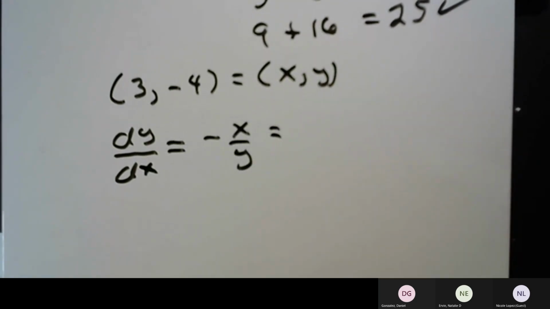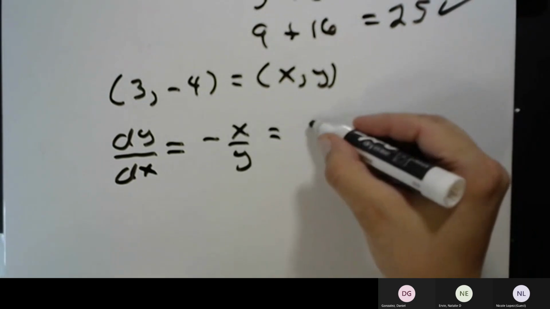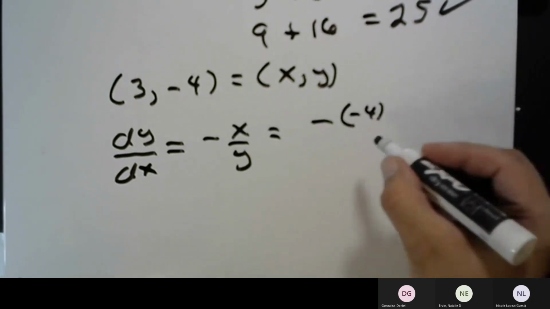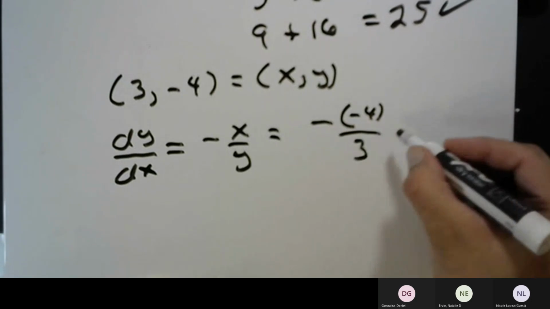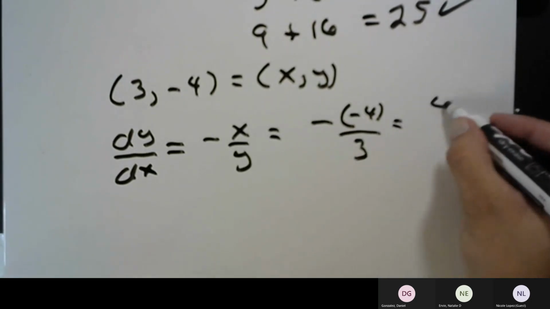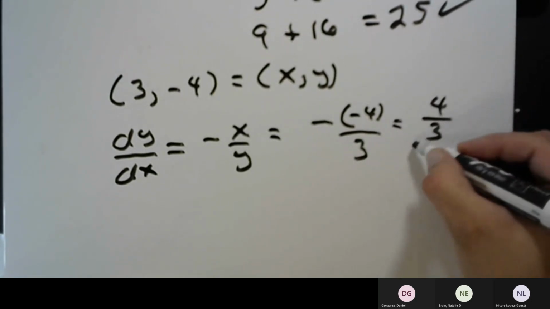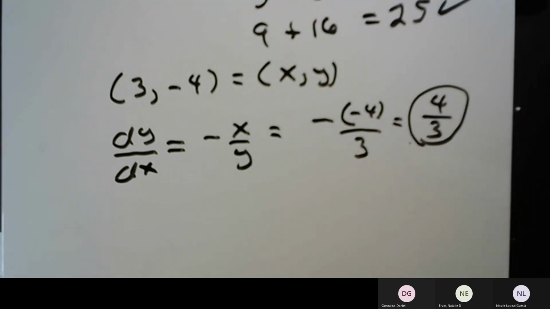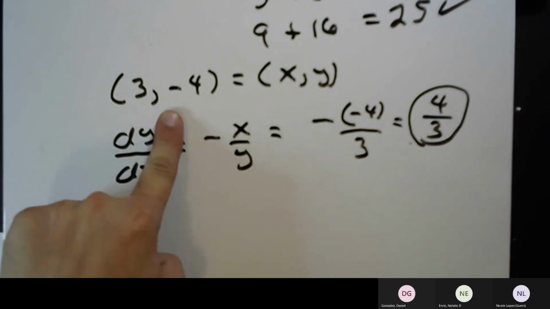So now we apply our formula here. We'll get negative 4 over 3. And negative will be a positive 4/3. So that's the slope of the tangent line on the point 3, -4.